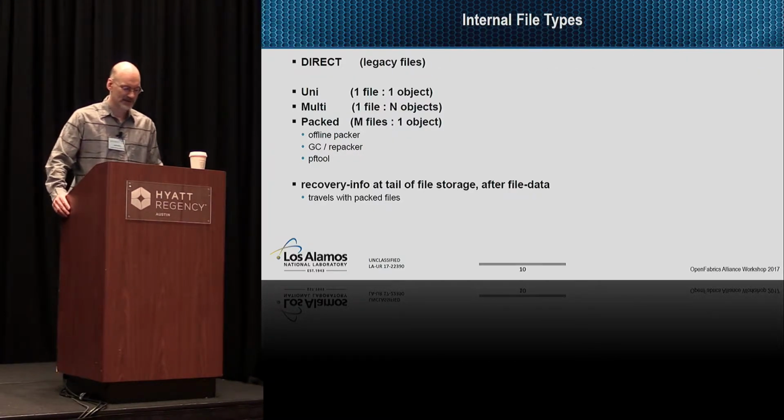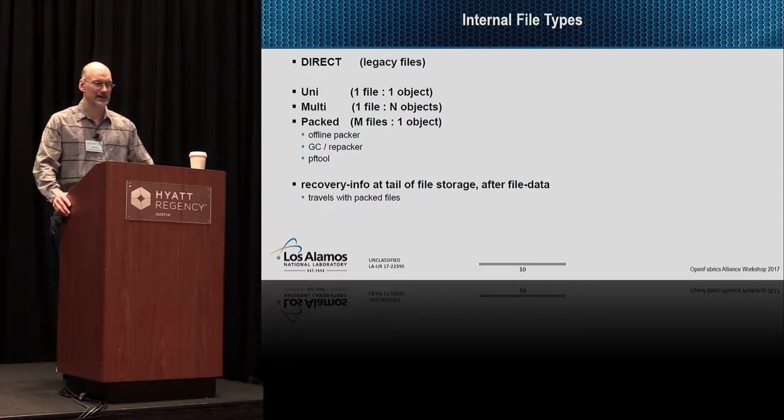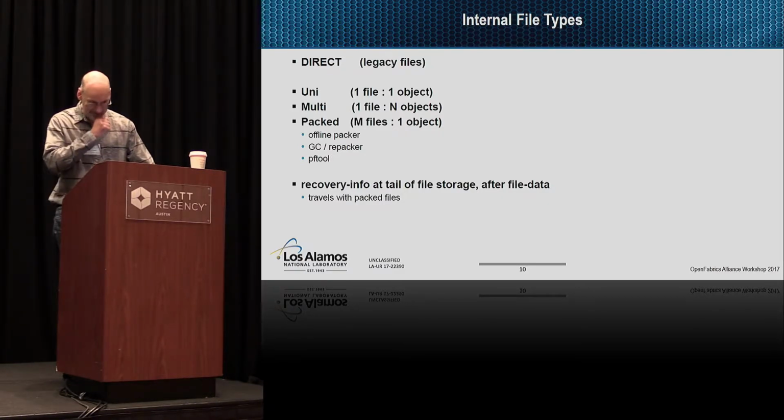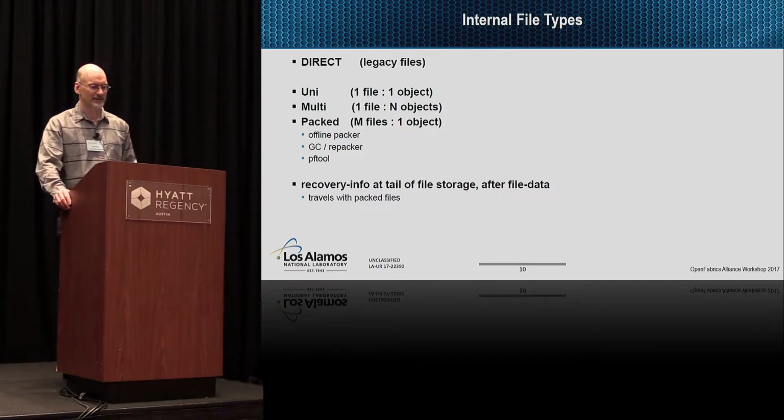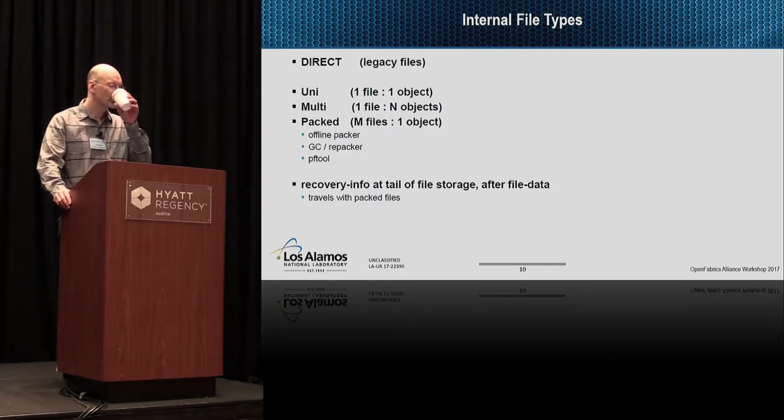Okay, and since object stores typically have an ideal object size maximum, and also because we want to write big files in parallel, we impose a maximum size object, and then files that are bigger than that get broken up into what we call a multifile. So many objects representing a single file transparently to the user.